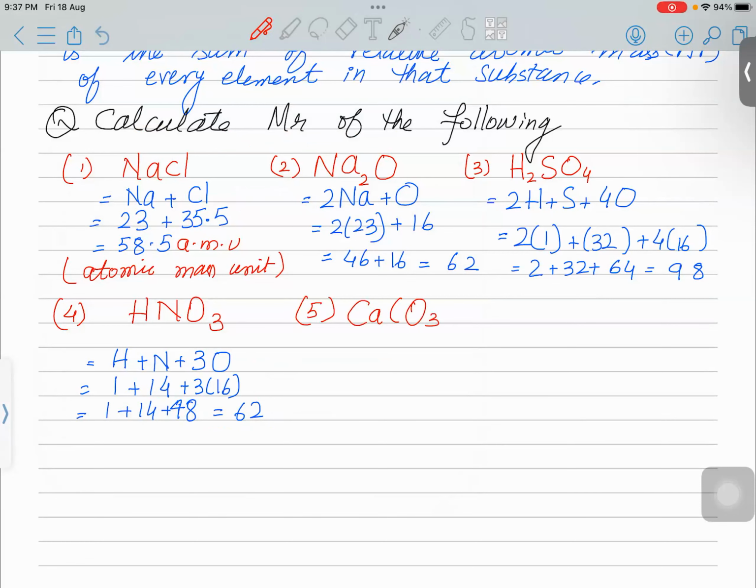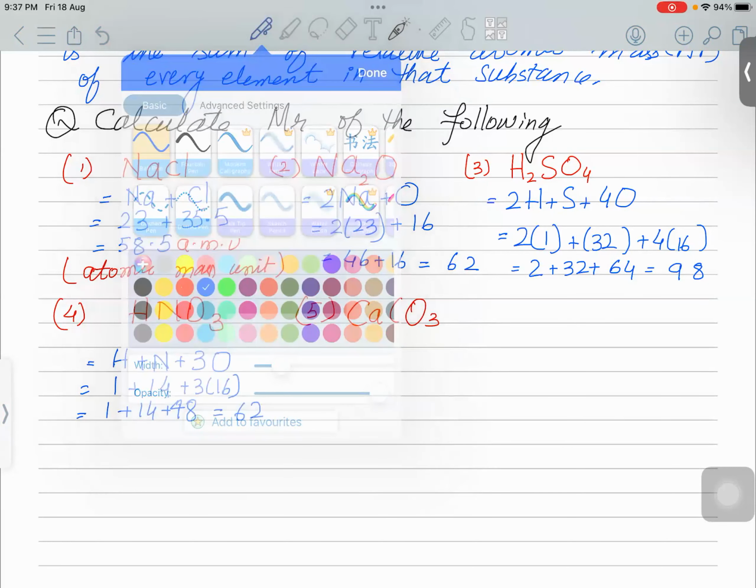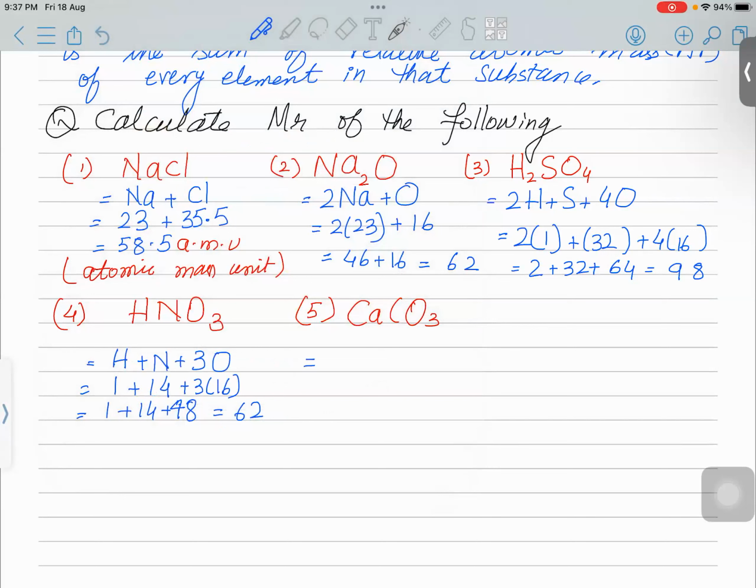CaCO3. Now anyone can tell me, how to calculate the mass of CaCO3? Sir, it's going to be Ca plus C plus 3O. Very good.